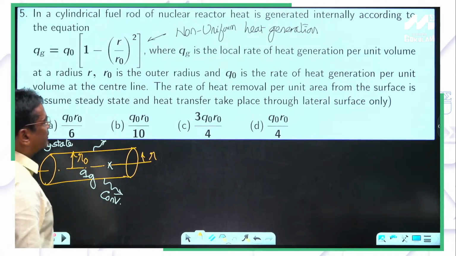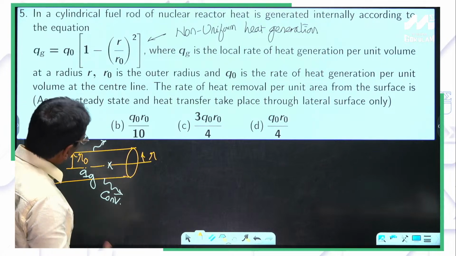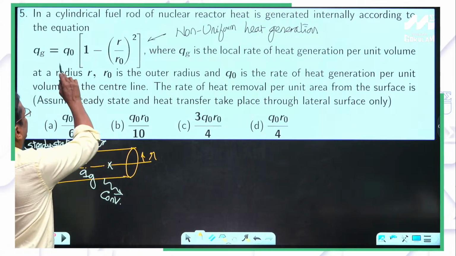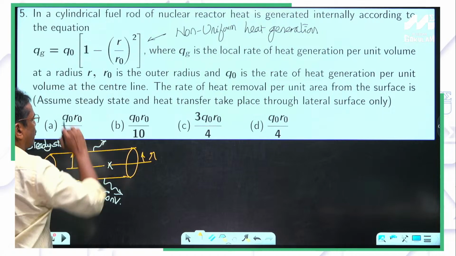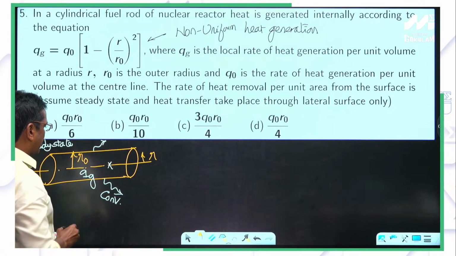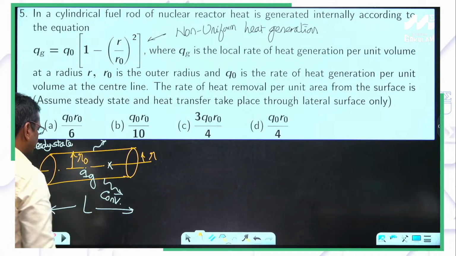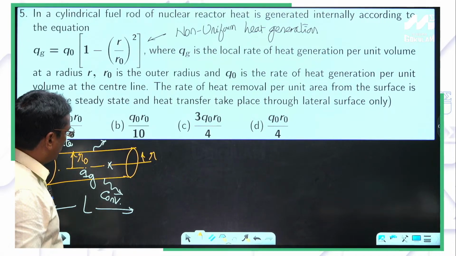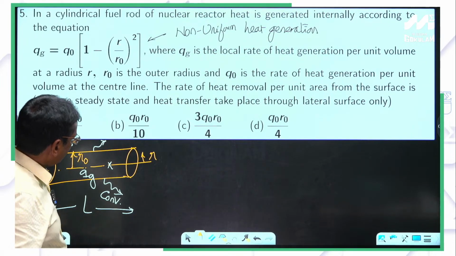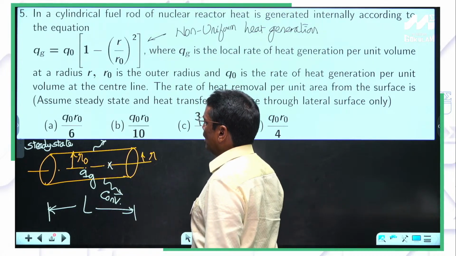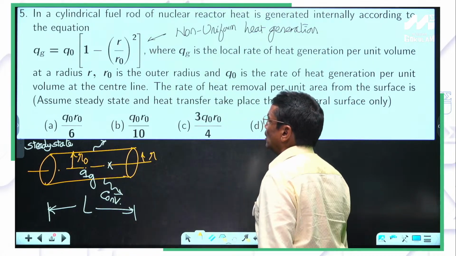Right. First, I would like to calculate the heat generated, which is a function of r. What is the total heat generated in the entire volume? If L is the length of the rod, what is the heat generated for a differential control volume?